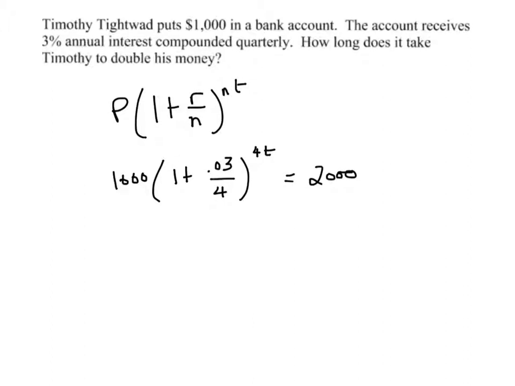But there's some calculus in this as well, okay? And it has to do with what happens as n gets larger and larger. So if instead of quarterly it were monthly or daily, well, essentially, this is kind of like PERT, right?